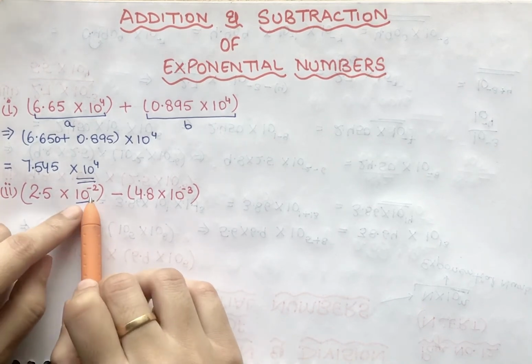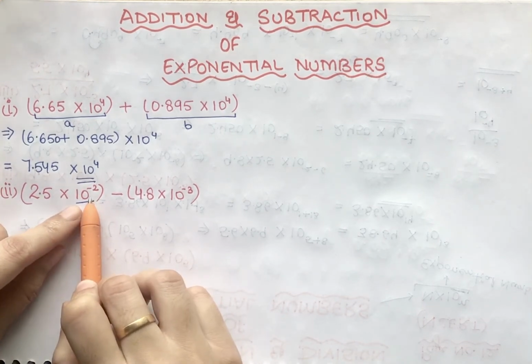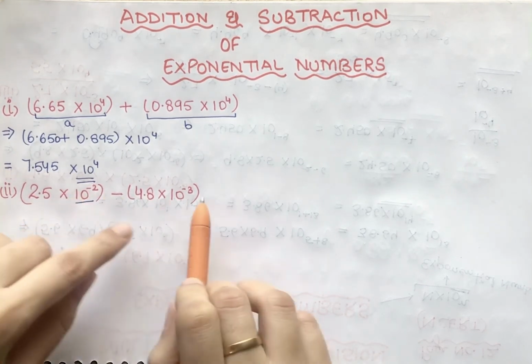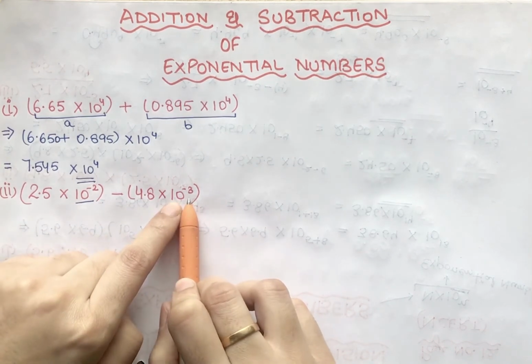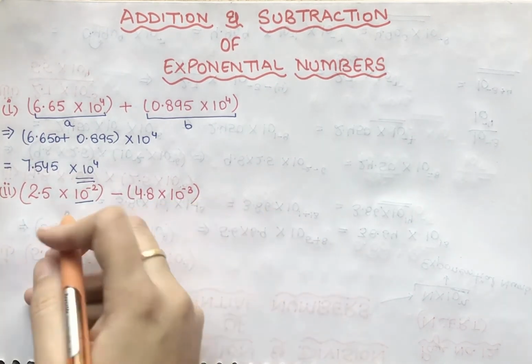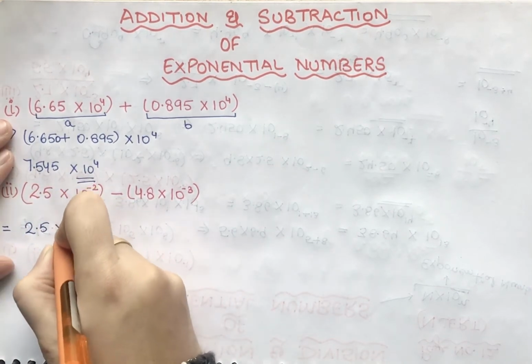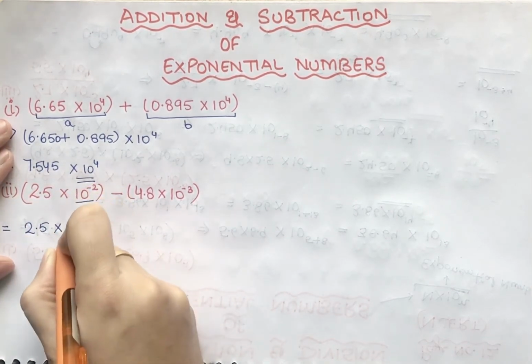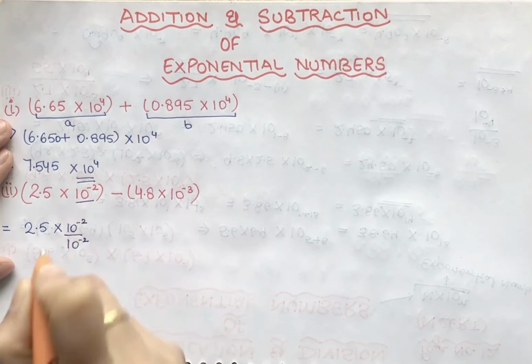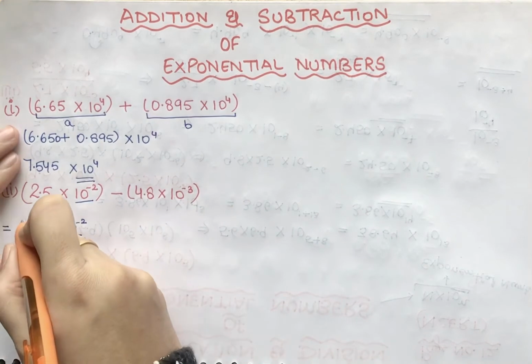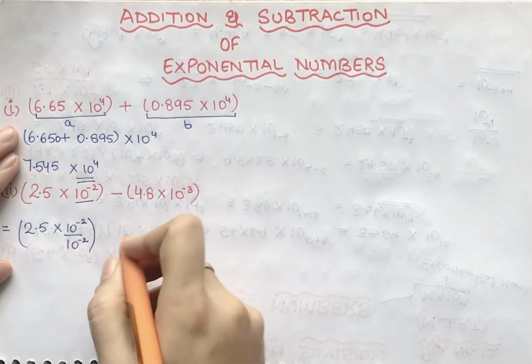Here I am having 10 raised to power 2 as the lowest exponential number. So I'll divide this power with 10 raised to power minus 2 as well as this power with 10 raised to power minus 2. Let's solve this. If I divide both the terms with 10 raised to power minus 2, here I am having 10 raised to power minus 2, and I multiply these values also with 10 raised to power minus 2.